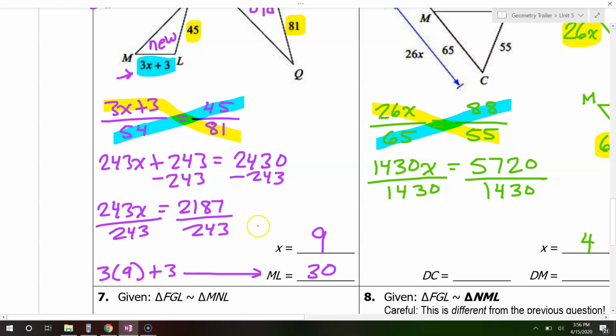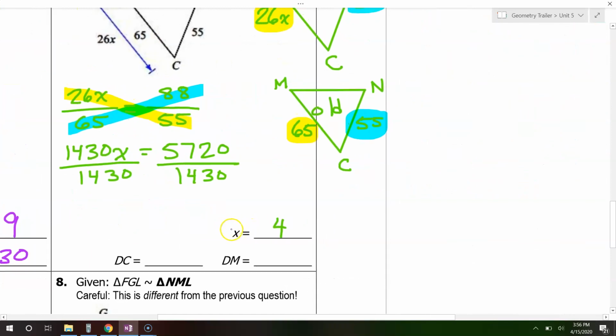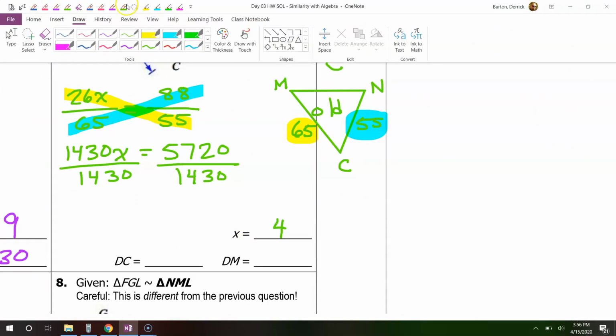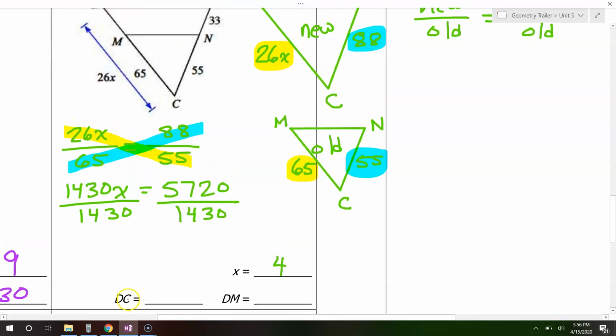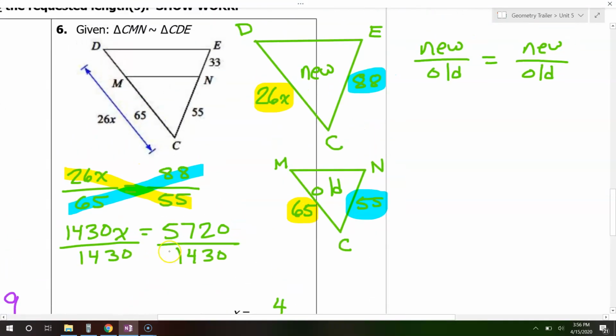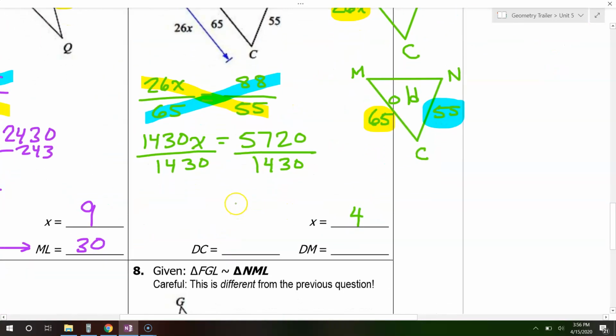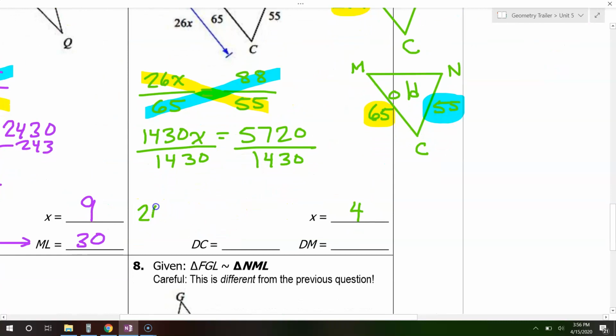So ML is going to be 30. Okay, let's see what's going on this problem. We're supposed to find DC and DM. Well, DC is just 26x. So that's just going to be 26 times 4.